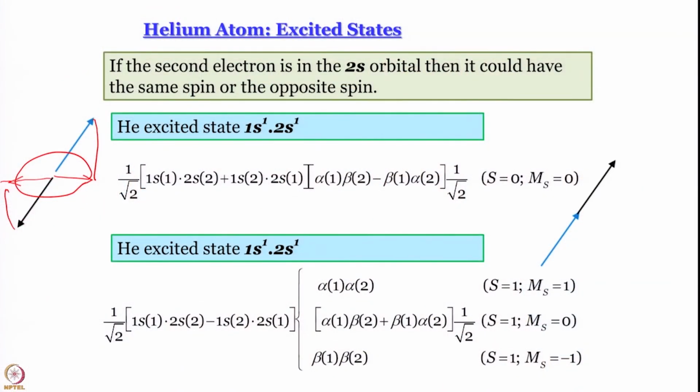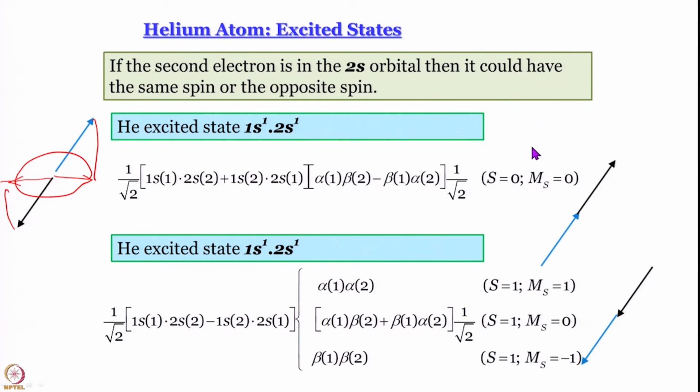So, the first one alpha 1 alpha 2 is like this, beta 1 beta 2 is like this. What would be the z component of this case? You have added 2, remember this length is root 3 by 2 and the z component is plus half. This length is root 3 by 2, z component is plus half. Half plus half, what do you get?